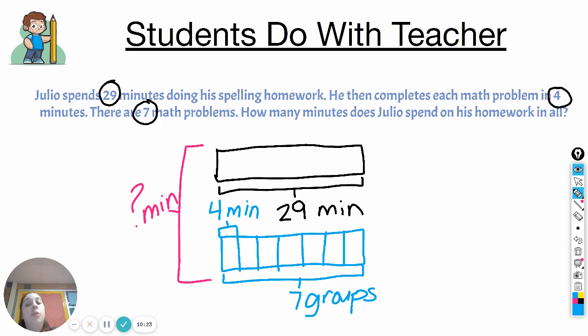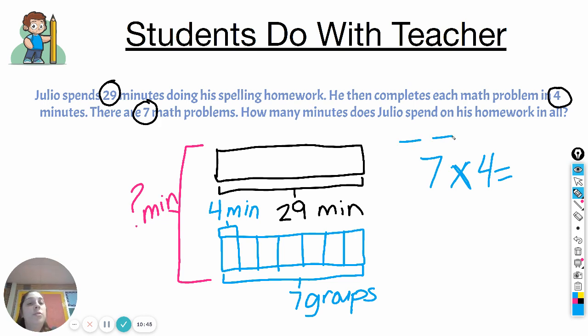Well, we know 7 groups of 4 is the same as 7 times 4, right? Because our X stands for groups of. So 7 groups of 4. I'm going to skip count by 7s 4 times.